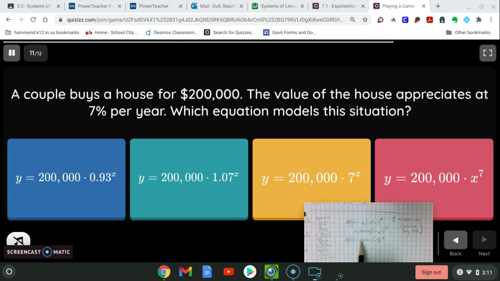So we know that this value, little a, has to be 200,000. And in each one of my options, I have y equals 200,000 times something. So now I'm going to start looking at this value here, 1 plus or minus. So the house is appreciating, which means increasing. So it's going to be 1 plus some value. Okay? 1 plus 7%, which is 1.07.